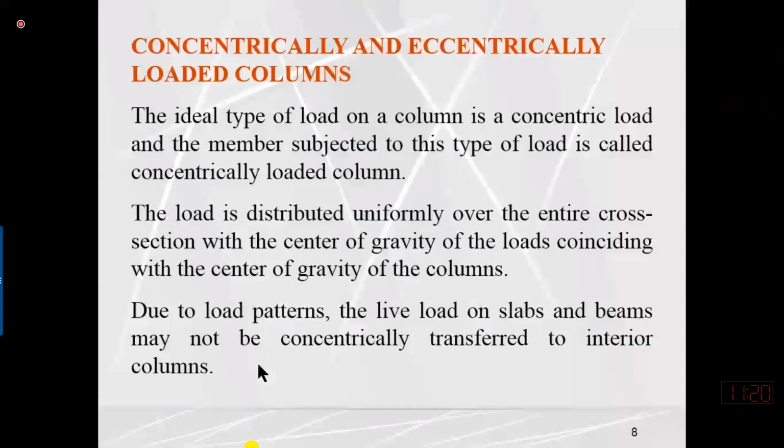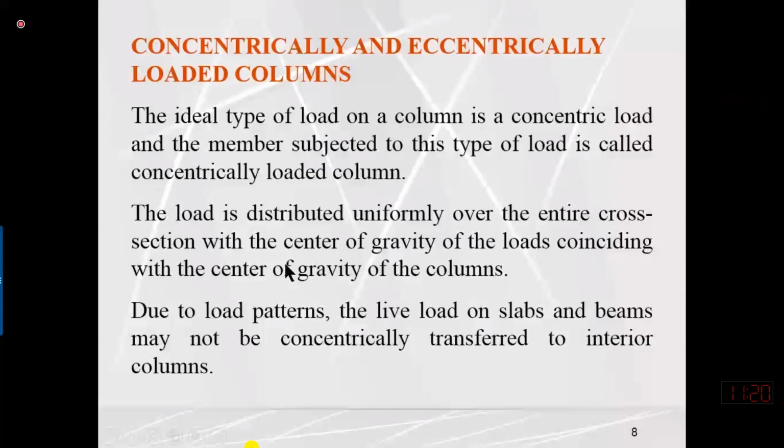So the ideal type of load on a column is concentric. Concentric means that the load is exactly passing through the centroidal or theoretical center of the column, and the load is distributed uniformly over the entire cross section.